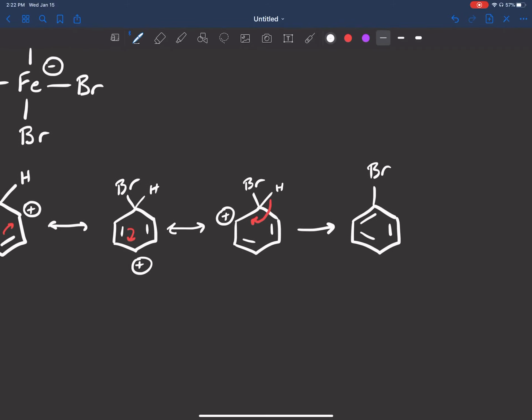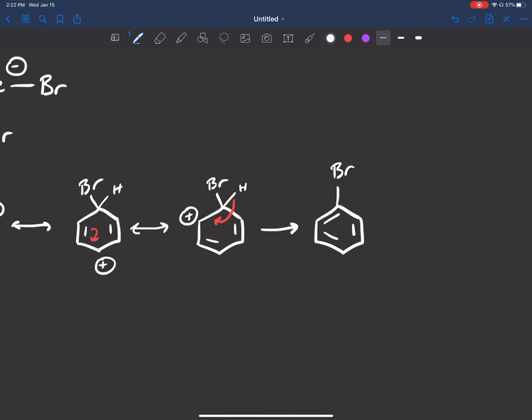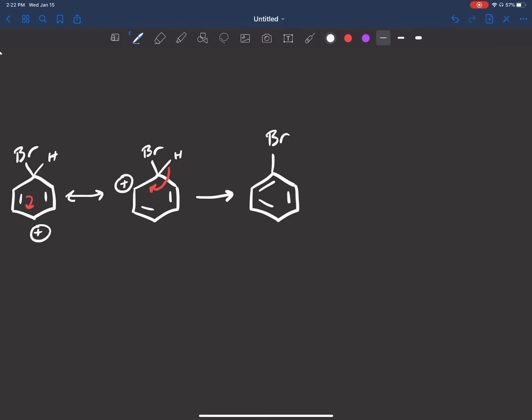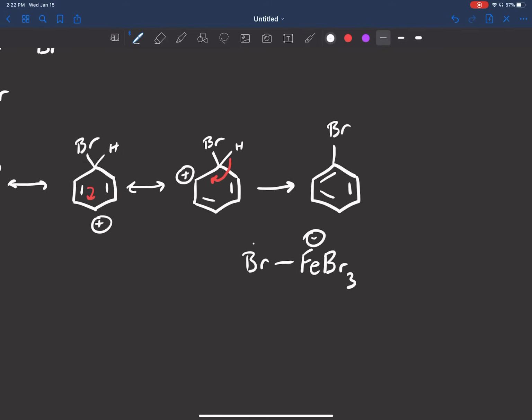All right? If you want to show the proper deprotonation, well, what happened is the Br that was attached to FeBr3, right? Remember that iron has the negative charge, the Br is now neutral. It got its lone pairs.